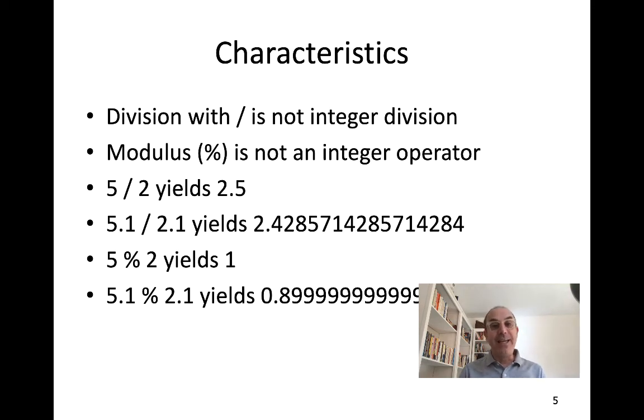So 5 divided by 2 yields 2.5, and if we do 5.1 divided by 2.1, it will yield 2.42877. This is how we apply the characteristics of JavaScript.